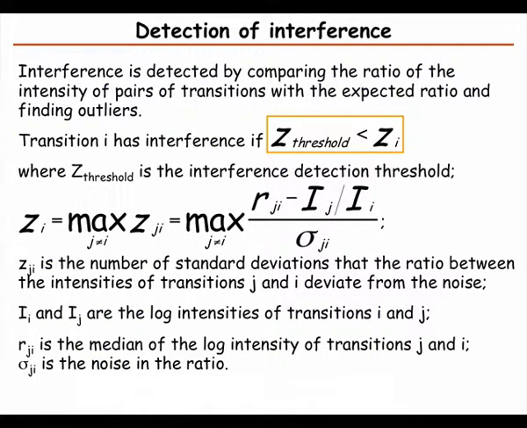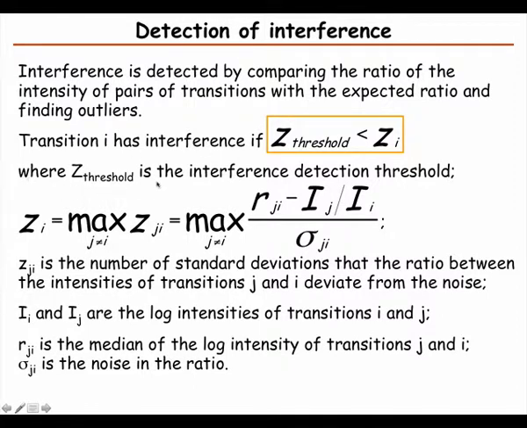What we can do is then decide how we can threshold this. We can calculate the z-score, and then we have to choose what threshold to use.